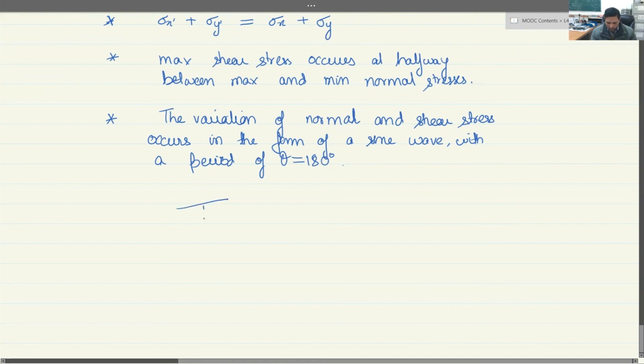So these relationships that we have described here are true only for 2D state of stress.